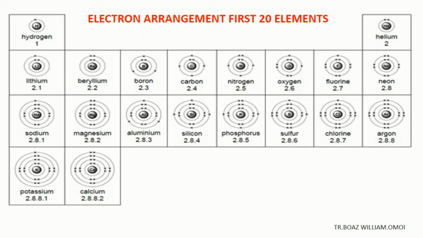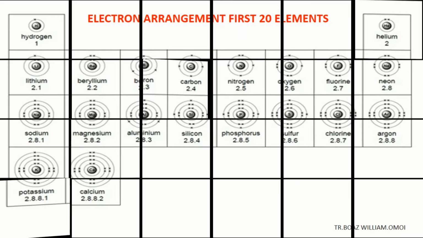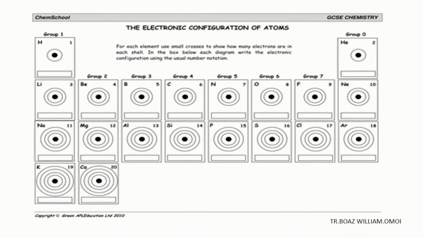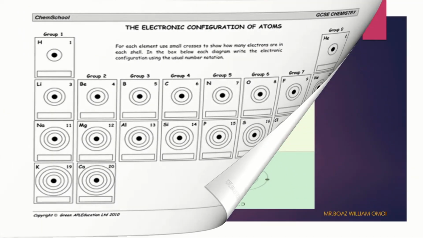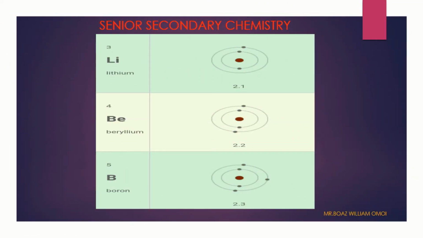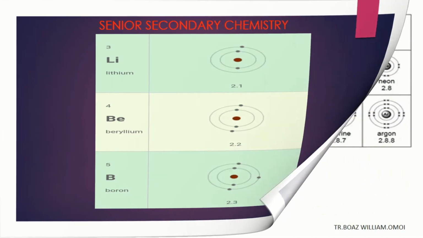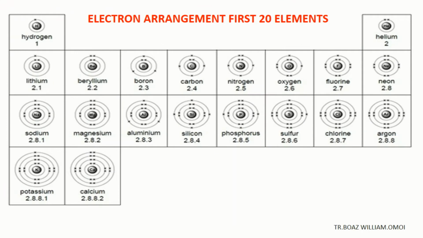Beryllium is number 4, so there are 4 electrons, so it's 2-2. For boron, which is number 5, the arrangement is 2-3, making 5 electrons. Carbon is 2-4, because carbon is number 6. So it's 2, and then the remaining 4 electrons go to the second energy level.